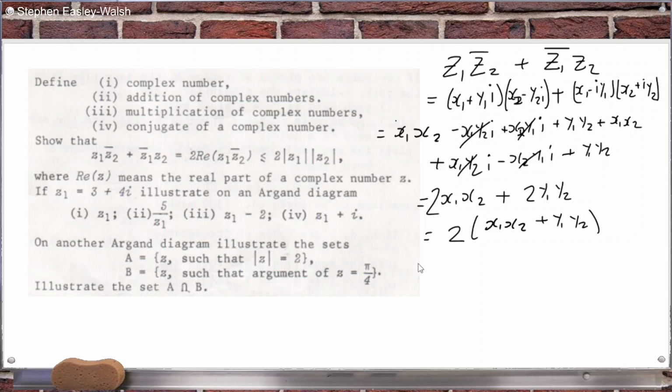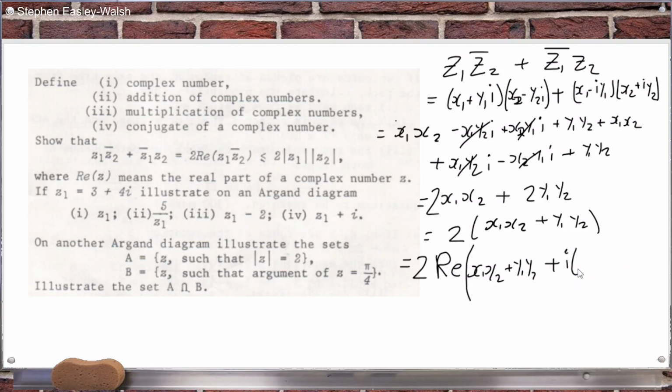Okay, and that's equal to 2, the real component of X1 X2 plus Y1 Y2, plus, and we can add in any imaginary part we want.